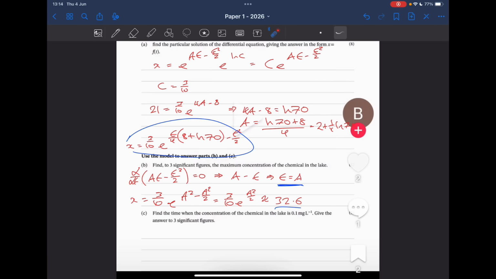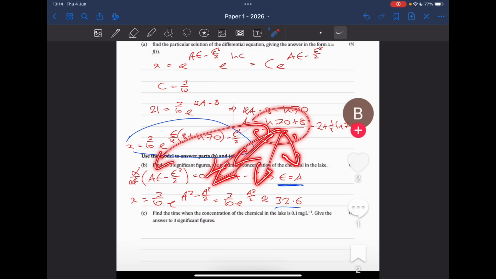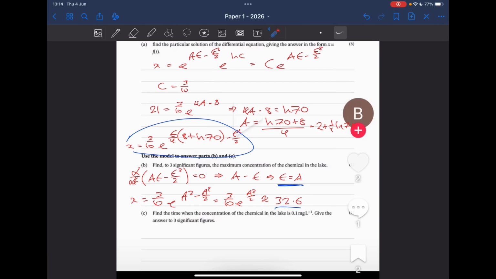At no point do I have this horrible thing flying around in all my equations. Imagine this thing is in every single one of these equations. Down here it's squared. That's going to be horrendous to deal with. So don't do it. You know it's A. Just deal with A, and then at the very end, when you get your answer, you plug in the value for A. We don't need to be working with this horrible expression all the way through. We've called it something. It is A. Just call it A instead.